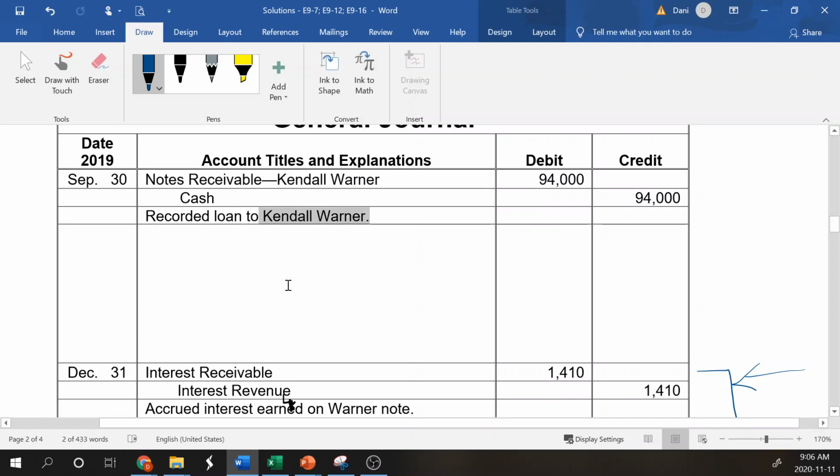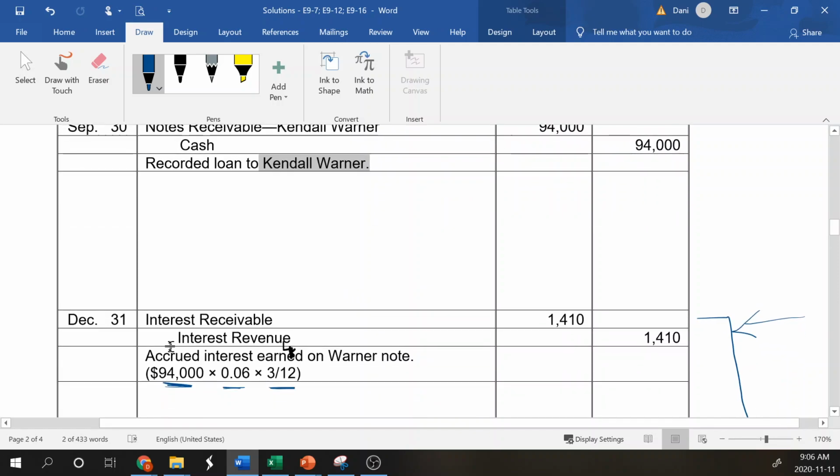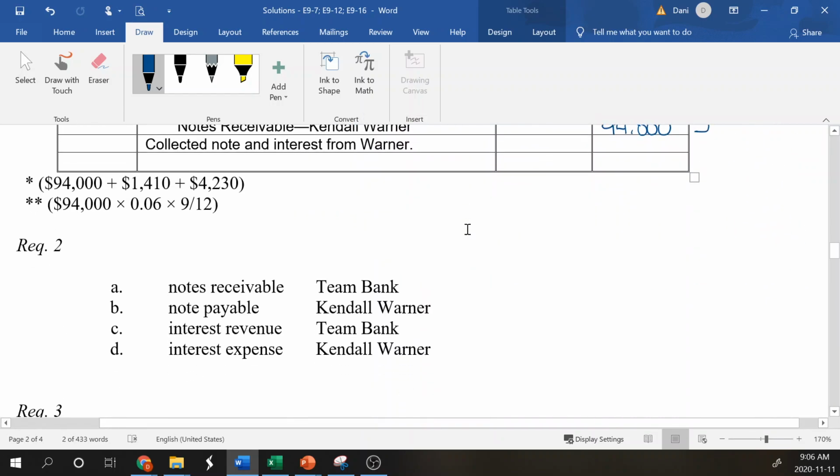He or she borrowed the money and therefore has this same amount, but it's sitting as a note payable on their records. Interest revenue, we know that Team Bank recorded that. And then interest expense, that would be Kendall Warner. So this part of the question is just getting you to think about both sides of this transaction.